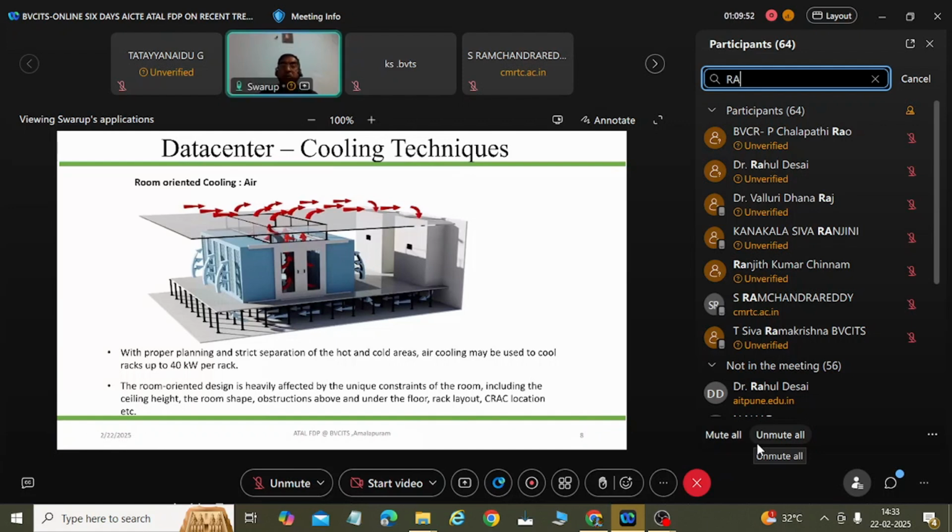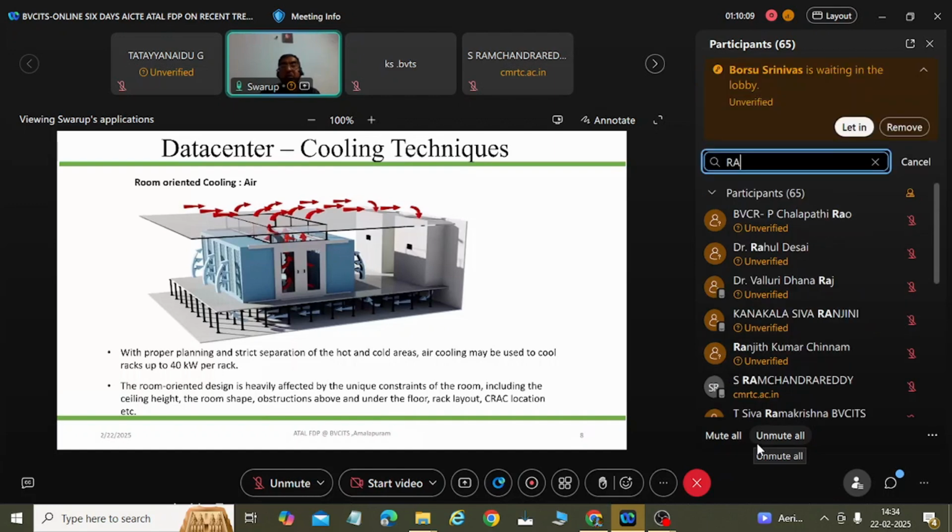Both have their own advantages and disadvantages. When you allow the hot air to mix into the room, you get an expansion. The air is getting expanded, so the cooling will be quicker. It is not confined to a particular area.